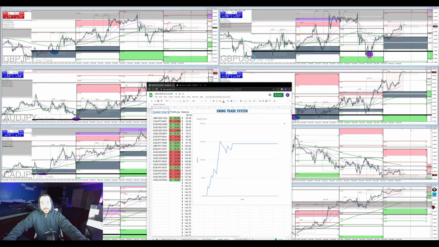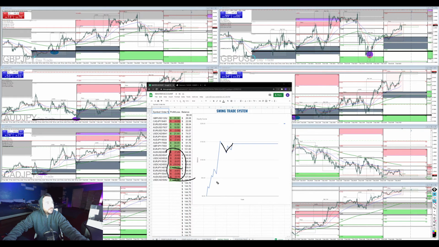Same thing here, swing trading. Look at all of this red. All of that red right there. These two greens right here. That.